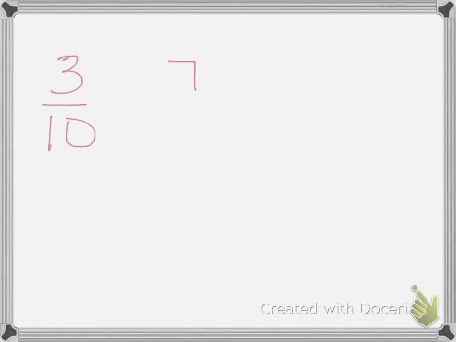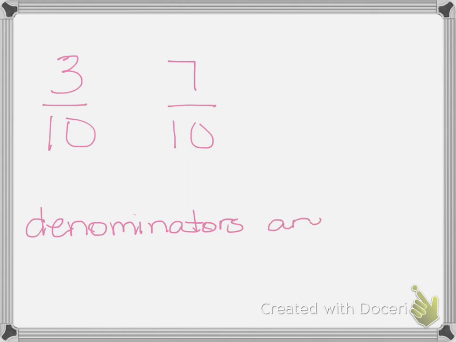3/10 and 7/10. Now that's real easy to figure out, because in this case, my denominators are the same. And when my denominators are the same, that means they both have the same number of pieces.